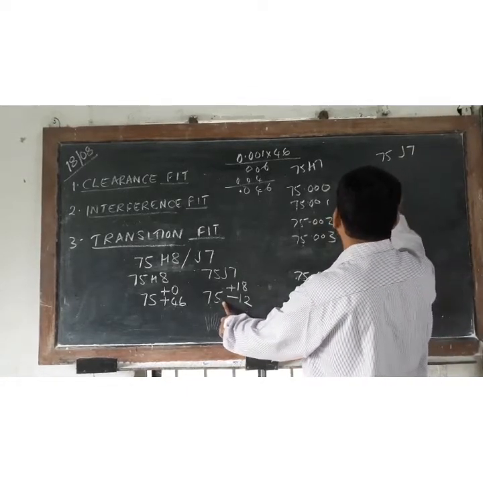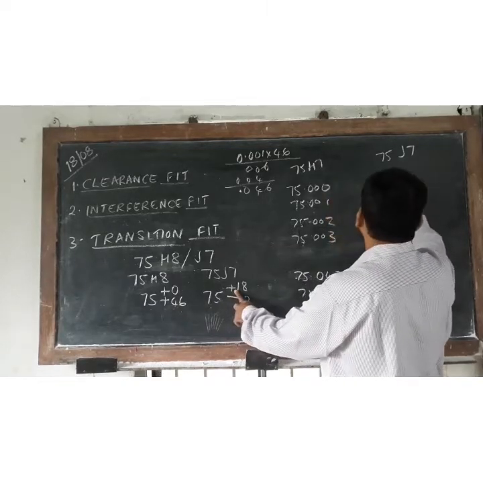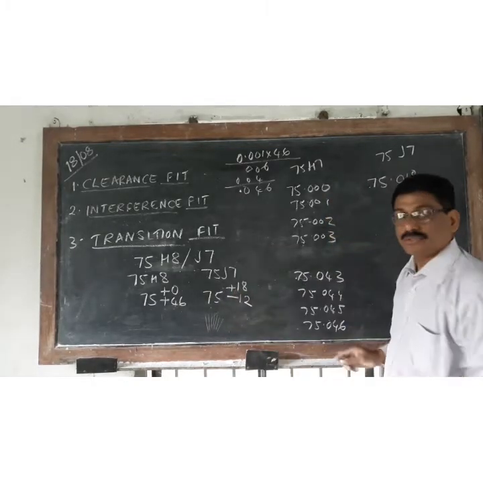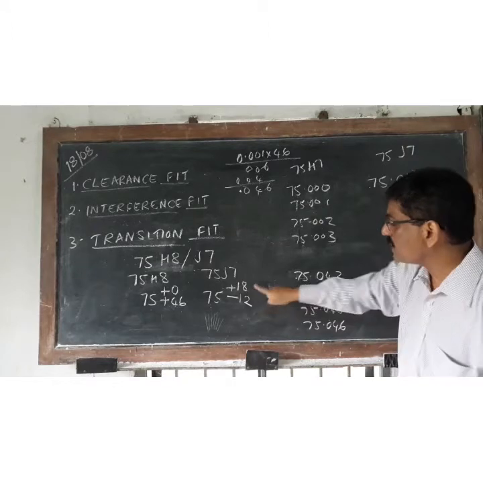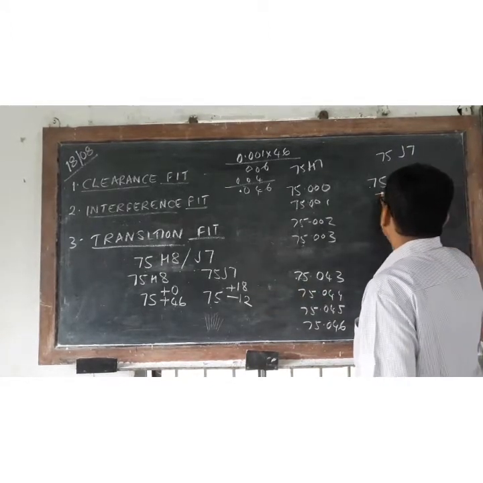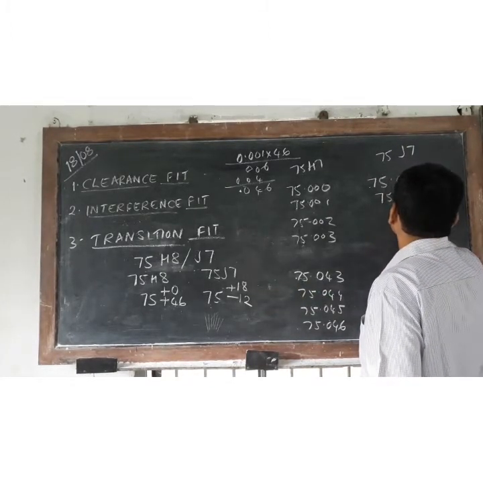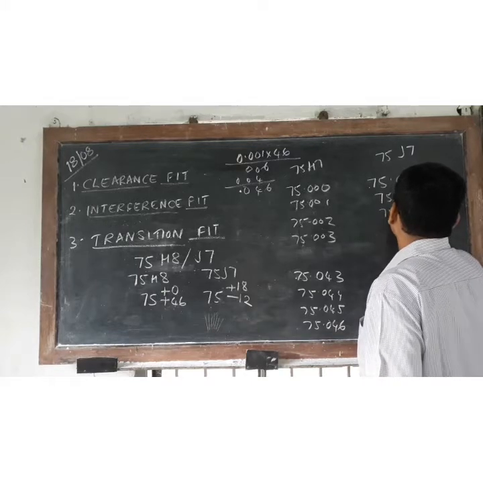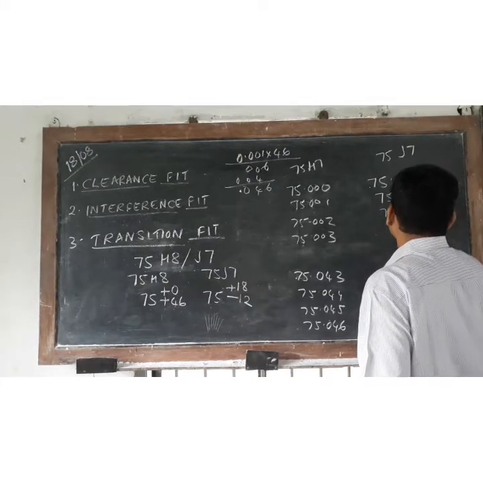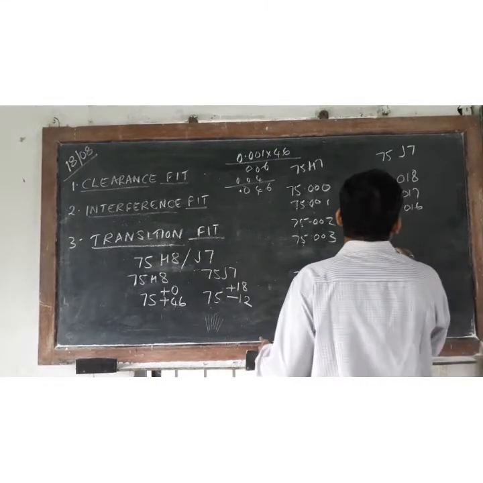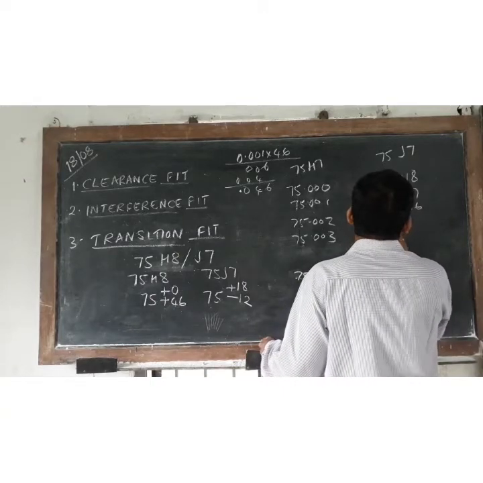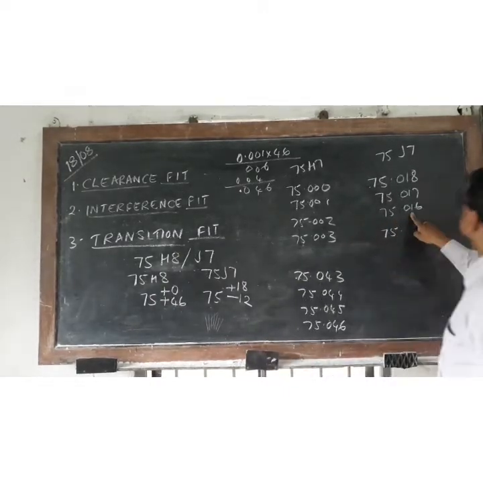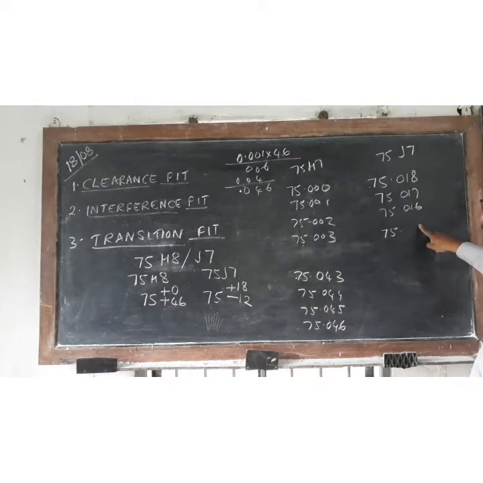The maximum we can go is 75.018, 18 microns, then 75.017, 75.016, and so on, 13, 12, 11, like that.